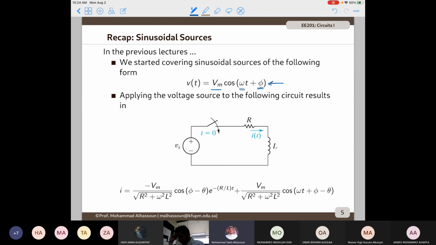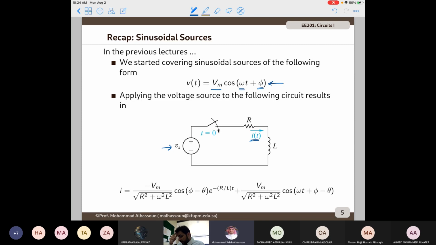If you recall from last time, we had this problem. We're trying to find the current iL of t, and we had a situation where we have a sinusoidal source and a switch. At t equals 0, the switch is closed.